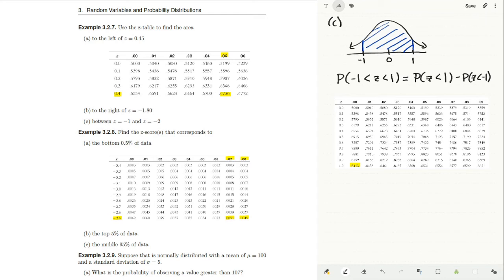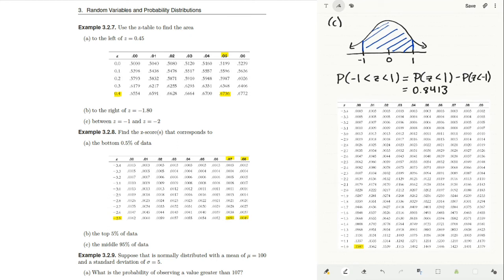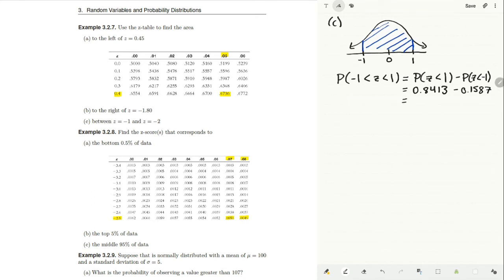Looking up 1.00 in our z-table gives us an area of 0.8413, and looking up negative 1.00 gives us 0.1587. And so the area between negative 1 and 1 is 0.6826.